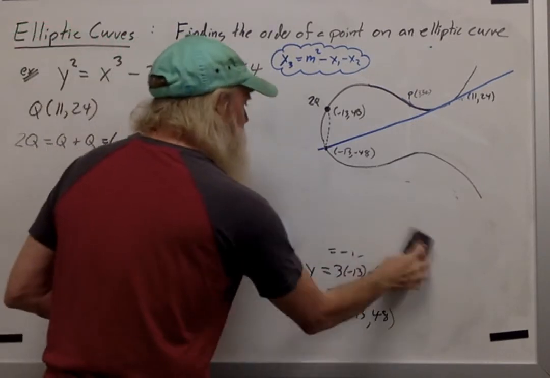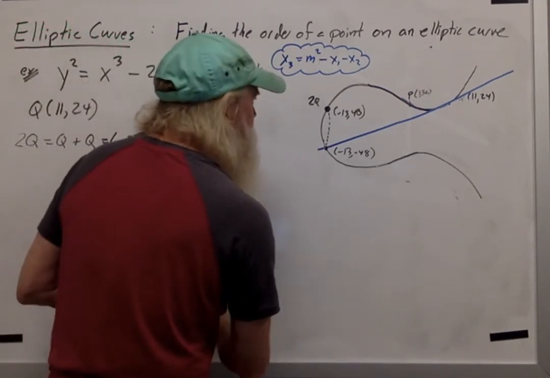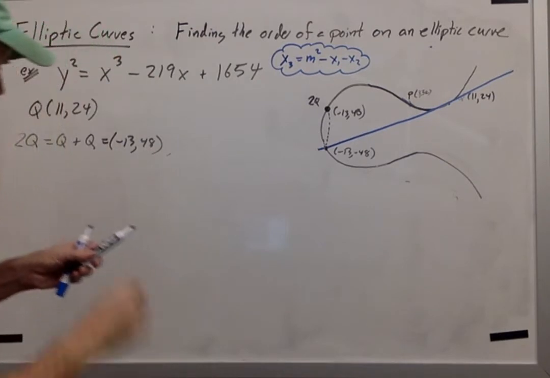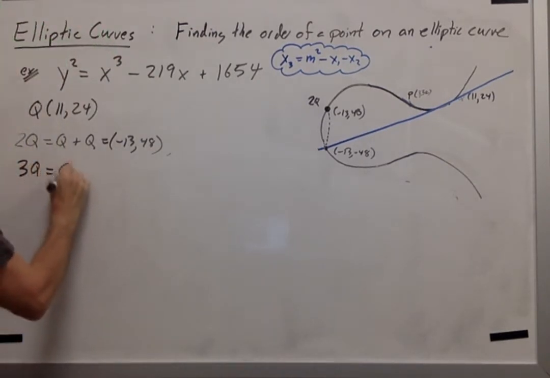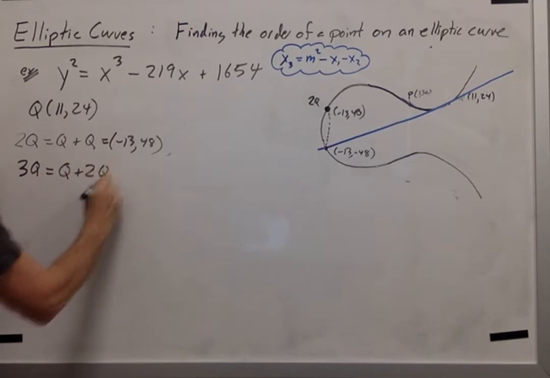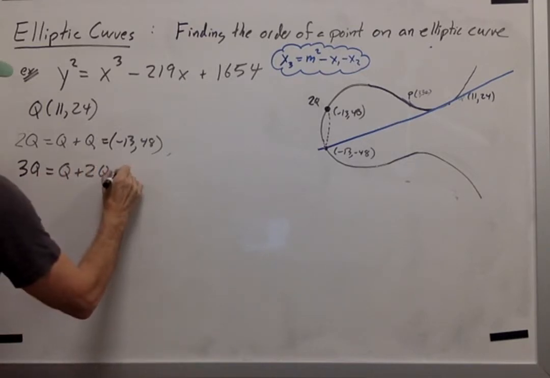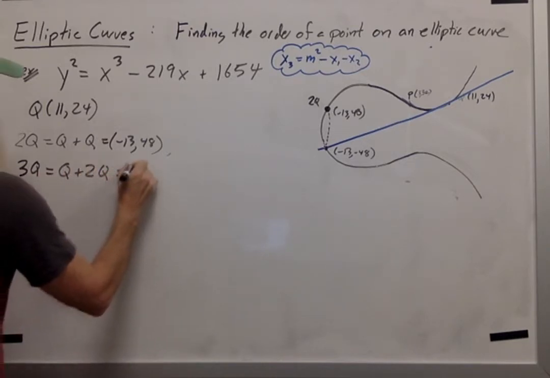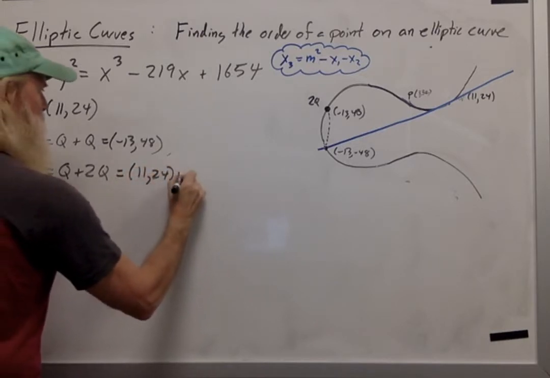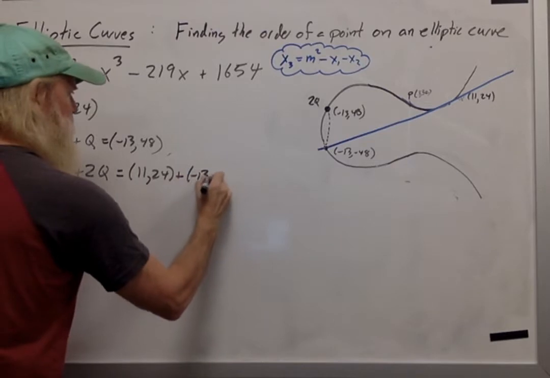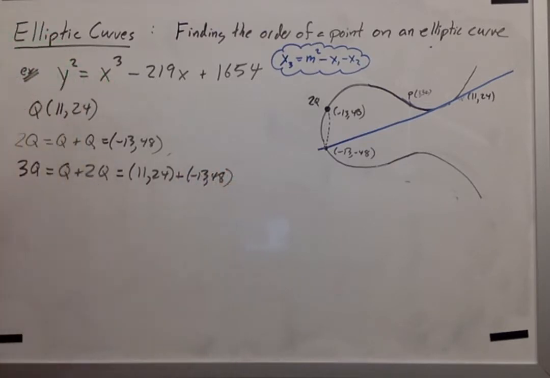Next, let's find 3Q. 3Q is the same as Q plus 2Q, which is going to be (11, 24) plus (negative 13, 48).